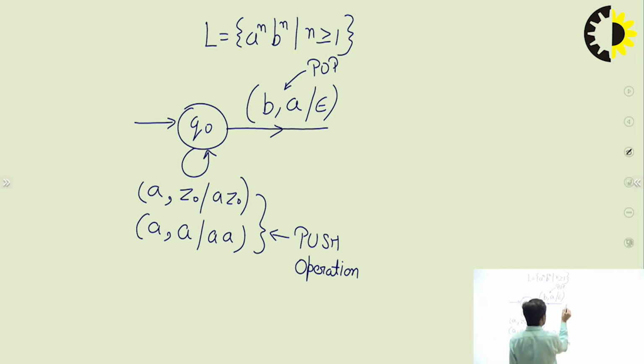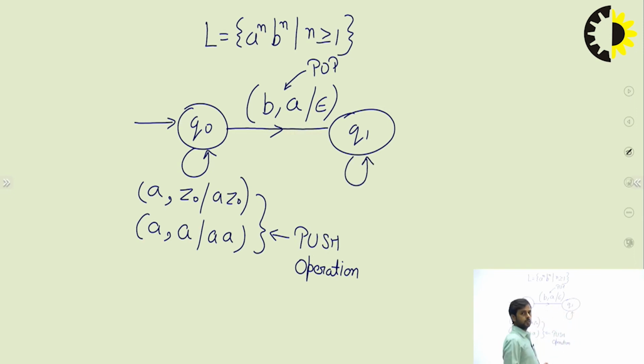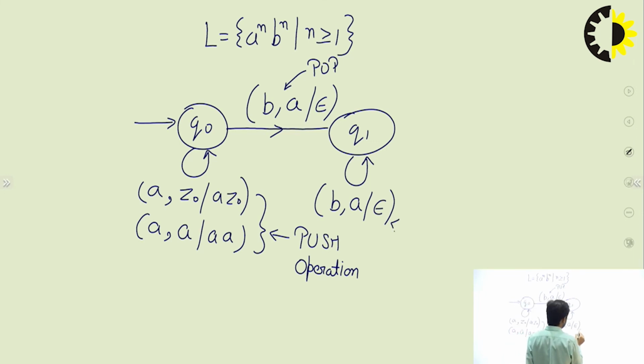Now I am at state Q1. Again this is for 1 B. Now on input B, when top of stack is A, we keep on popping A. So this is also a pop operation.